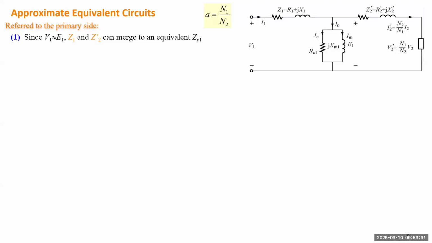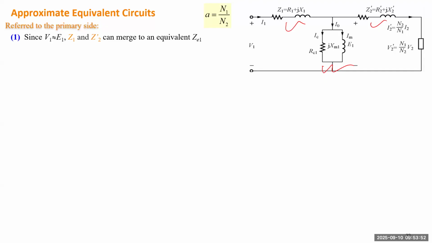This equivalent circuit is accurate, but it's not very convenient because the topology is too complex. We have this shunt branch and also two series branches. Those are not convenient for calculation, so we want to get some approximate circuit.